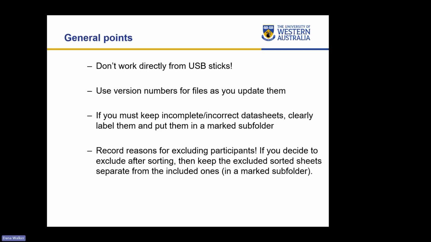So using folders and subfolders is the best way to do it, making sure that you clearly label them. And you need to record reasons why you excluded participants, of course, so that will be part of your data log. And then that way, between versions, if you have a different number of participants, you can go back and see why you have a different number of participants and just make sure everything is clearly labeled.